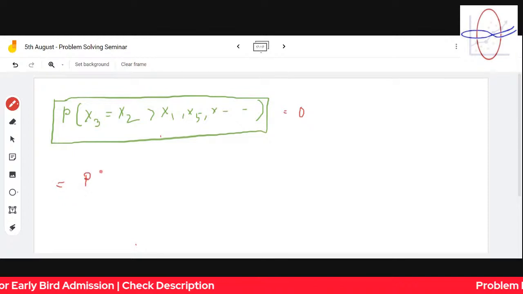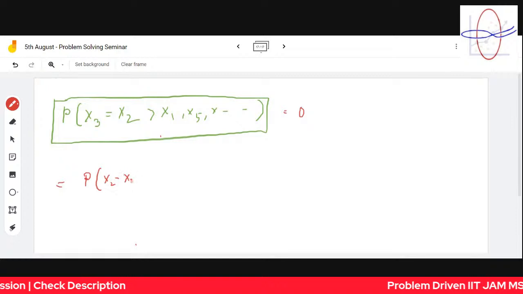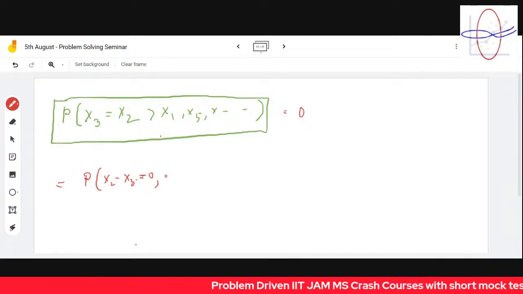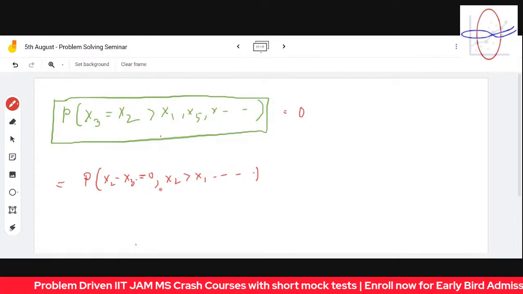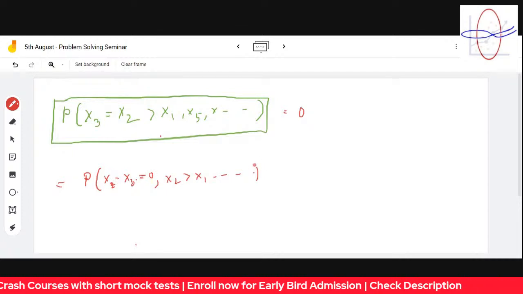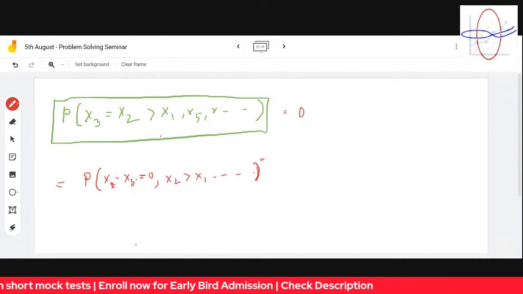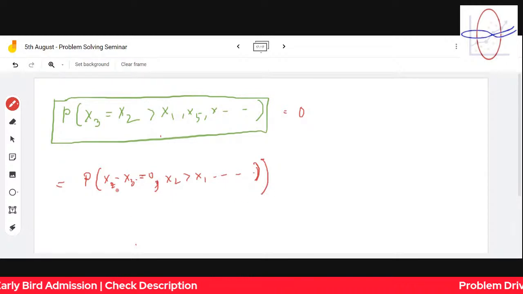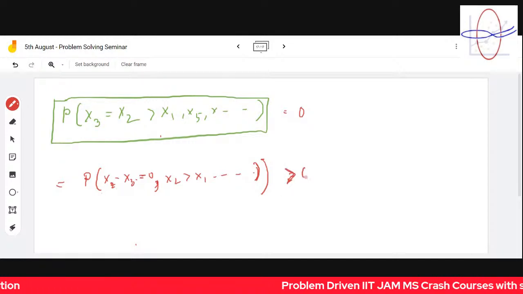It means what? It means that x2 minus x3 is equal to 0 and x2 greater than x1, x2 greater than all of them, right? Now understand that let's say this is greater than 0.